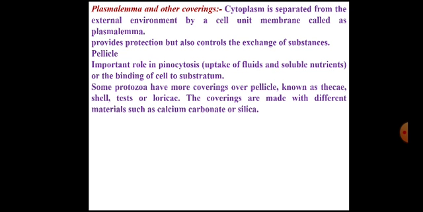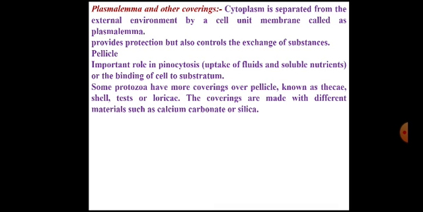Some protozoa have coverings over this pellicle, which is extra protection, and it is called theca or shells, tests or lorica. These coverings are generally formed because of the accumulation of calcium carbonate and silica from soil and water.